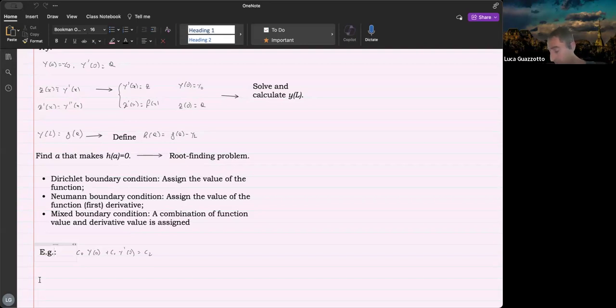I assign a value for one of them, for instance, the value of the function. This relation immediately gives me the value of the derivative. Now I got the initial conditions, and I can start integrating from here and proceed exactly like I did before.